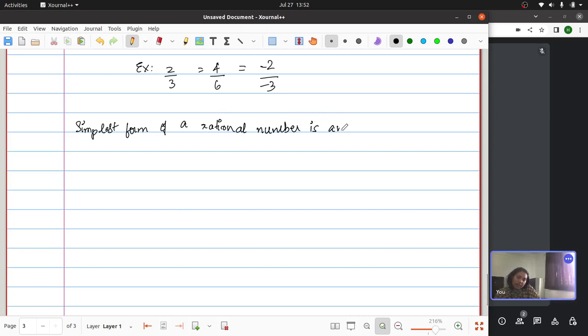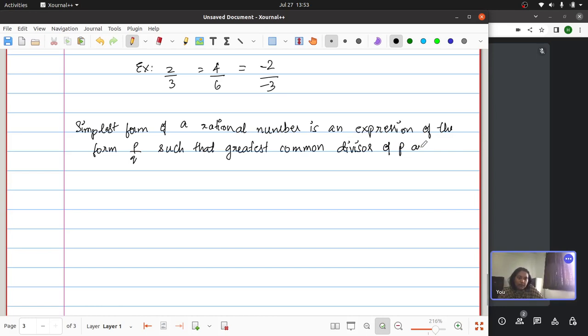This is an expression of the form p by q. Intuitively we want to consider 2 by 3 as the simplest form, right? Such that the greatest common divisor of p and q is 1.